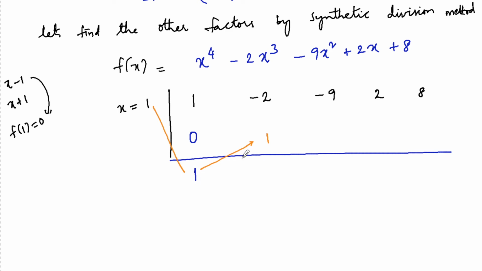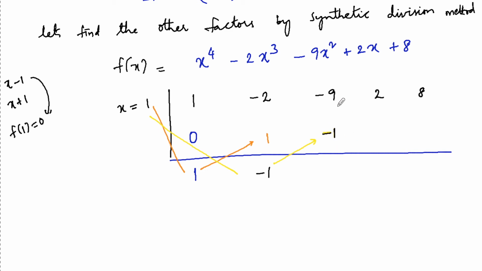So 1 into 1 is 1, then minus 2 plus 1, again you are doing addition, so minus 2 plus 1 will become minus 1. Again now you need to multiply here, 1 into minus 1 is minus 1, so let's write minus 1 here.